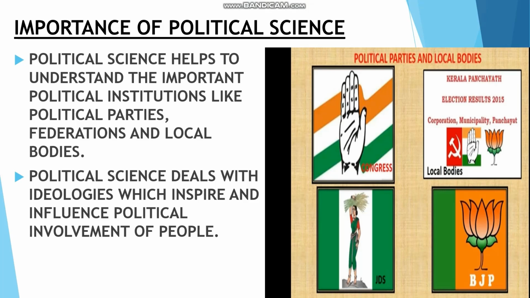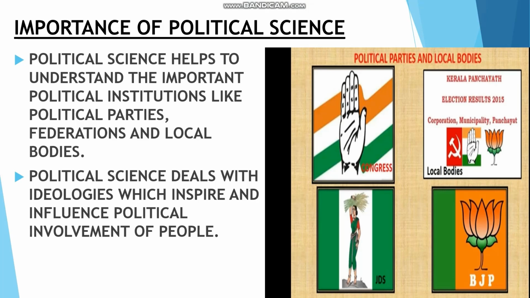Political science helps to understand the important political institutions like political parties, federations, and local bodies. So you can see here the political science which makes us understand. Some countries have a single party system and some countries have a multiple party system. In India, in our country, we have a multiple party system.